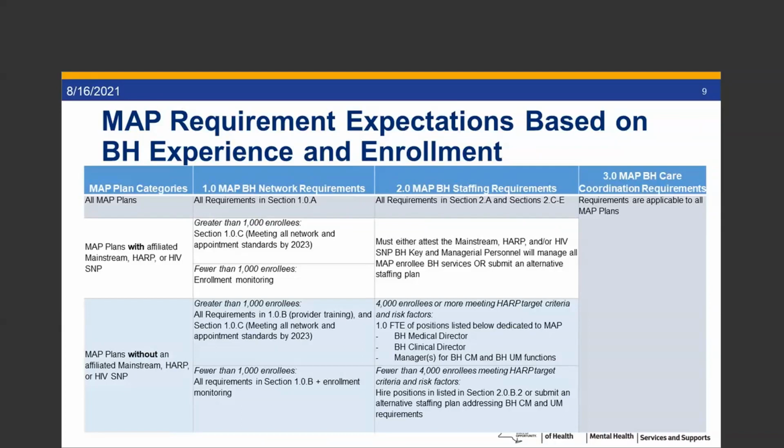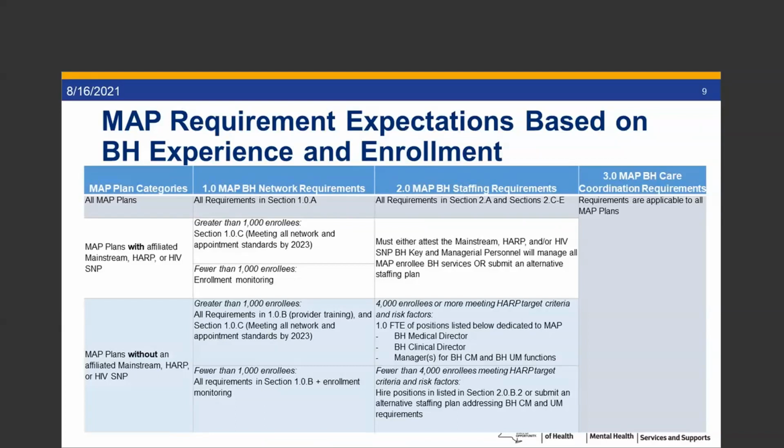And if you are a MAP plan without the affiliated product lines and have 4,000 or more enrollees meeting the HARP targeting criteria, you would be expected to have a BH medical director, a BH clinical director, and also the managers for behavioral health care management and utilization management functions at 1 FTE dedicated to the MAP product line. So if you do have more than 4,000 of those enrollees meeting the HARP eligibility criteria, we really want to see those positions at a full-time FTE and that they're dedicated.